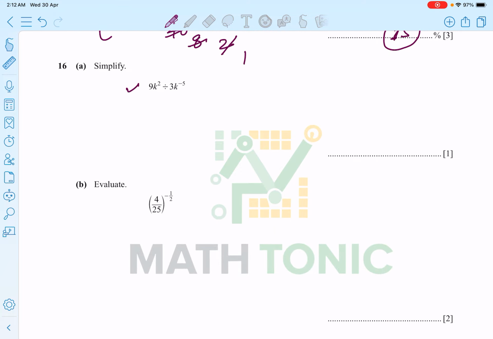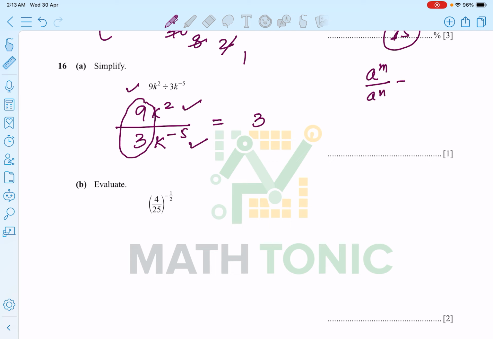9k squared over, I can write it like this, 3k power negative 5. In the numerator we have 9k squared, in the denominator we have 3k power negative 5. What is 9 over 3? That is 3. And we know that if it is a power m over a power n, then we can write a power m minus n.